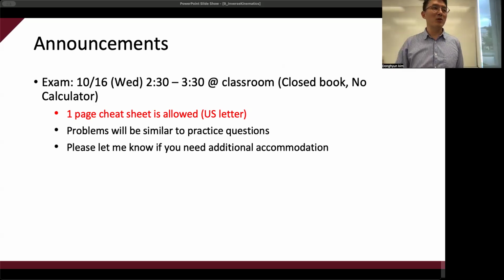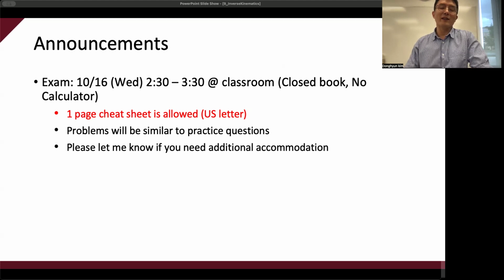Feel free to put whatever you don't want to memorize but can be useful. Problems are going to be similar to the practice question level. It's going to be mostly about kinematics, maybe one simple dynamics problem, depending on how much progress we make until next week. The week we have the exam, we're not going to have a lecture on Monday. It's a holiday. So that's why we have 3 lectures, including today's lecture.